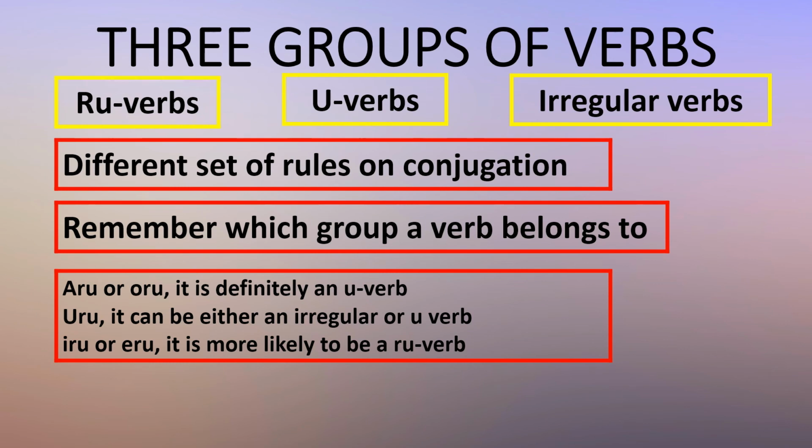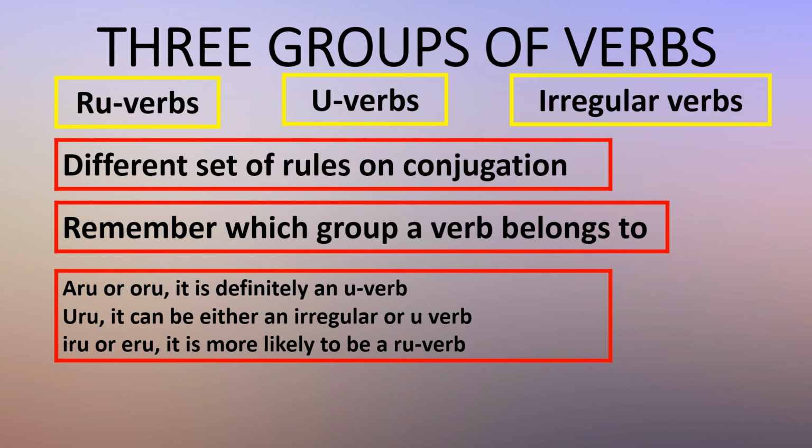For example, aru or oru is definitely a u-verb, even though aru or oru ends with ru. In uru, it can either be an irregular or u-verb, so suru, kuru.